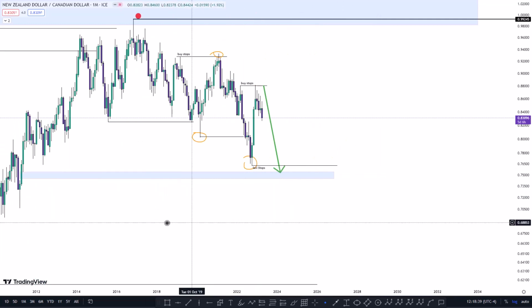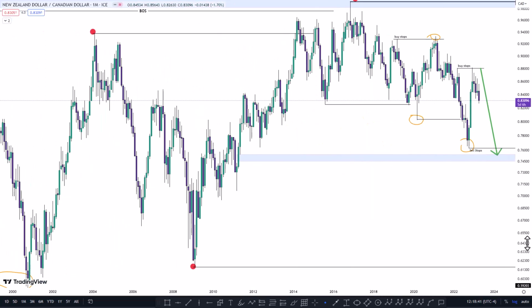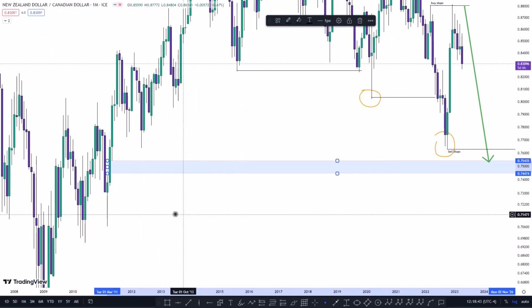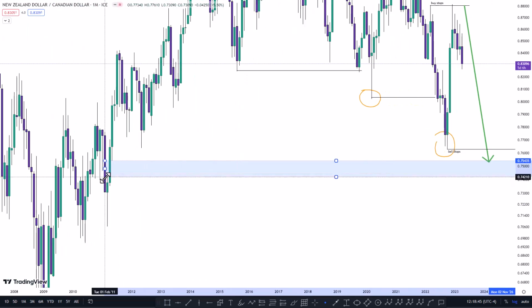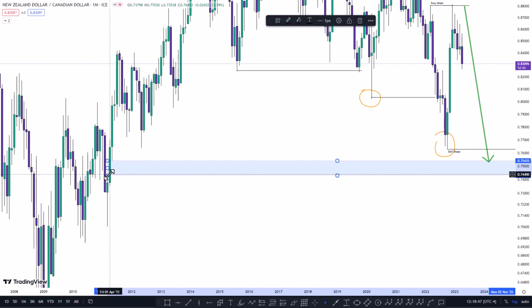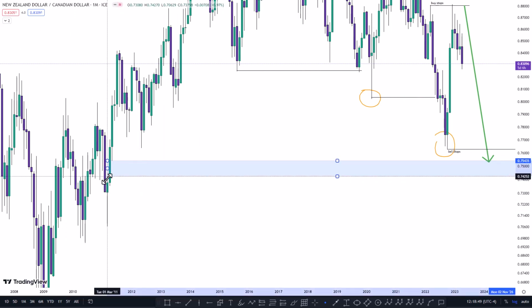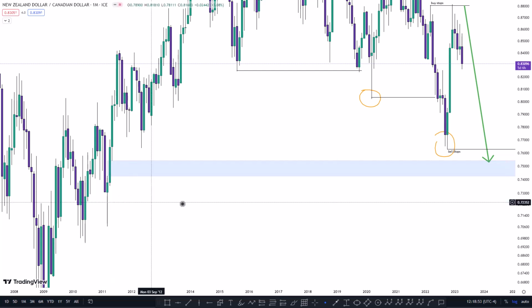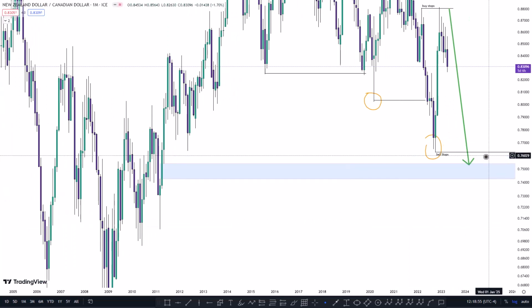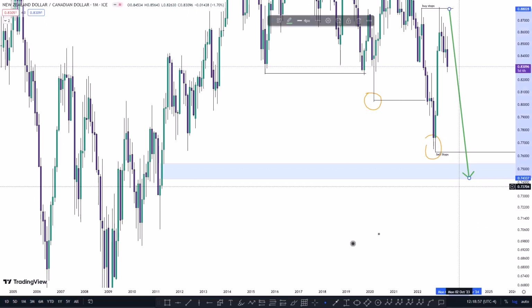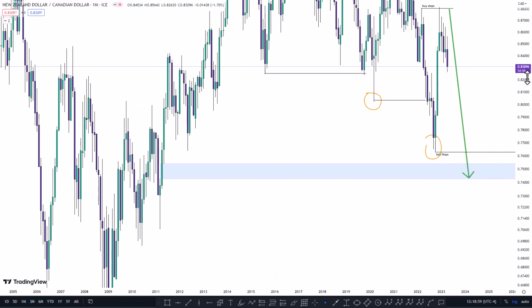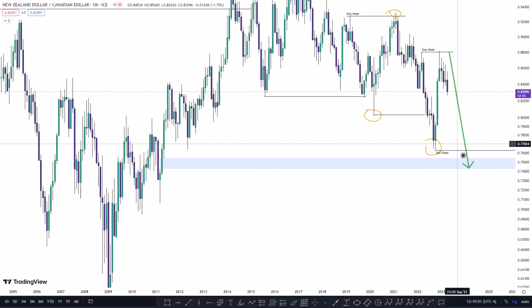Your first area of reaction is going to be this imbalance here, to see the market react to this imbalance resting here. So start thinking like this: how is NZDCAD going to trade in this area?